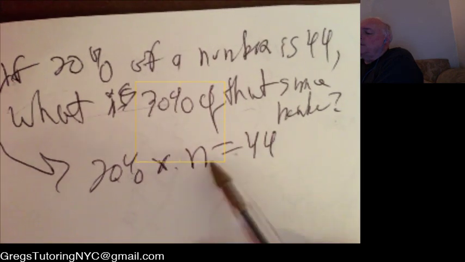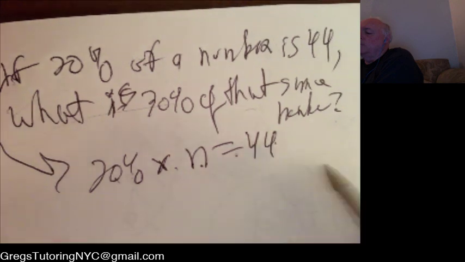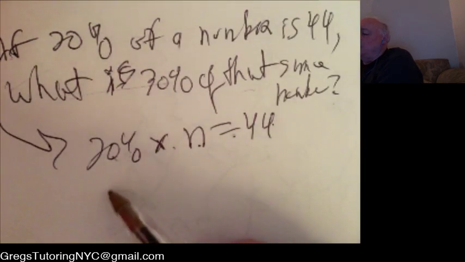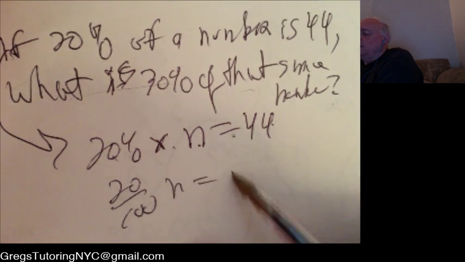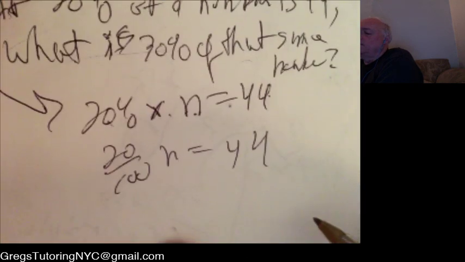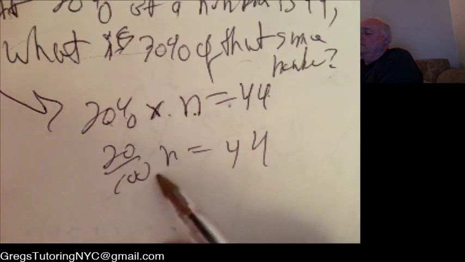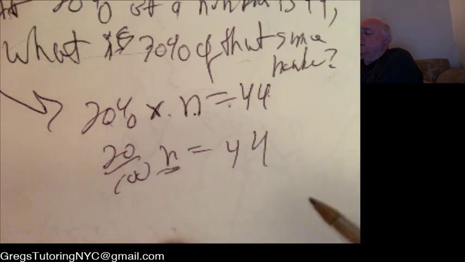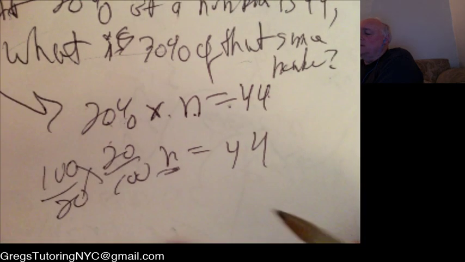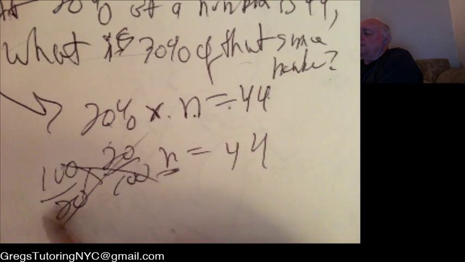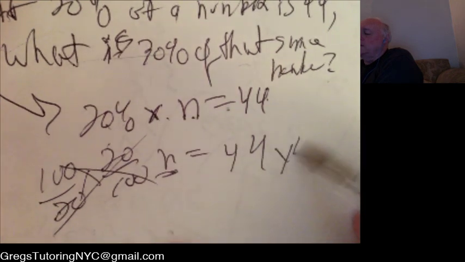20% of a number is 44. Now it just becomes a normal math problem: 20% of n is 44. We need to solve for n. We're going to divide both sides by 20%, or in this case, multiply by 100 over 20. That cancels out, right? Whatever we do to one side, we do to the other side.